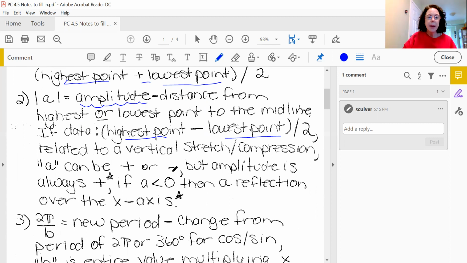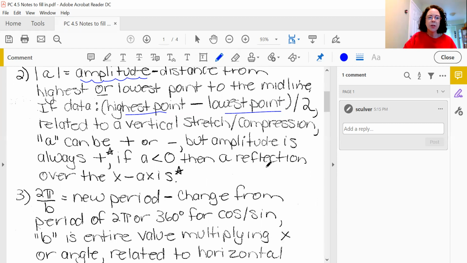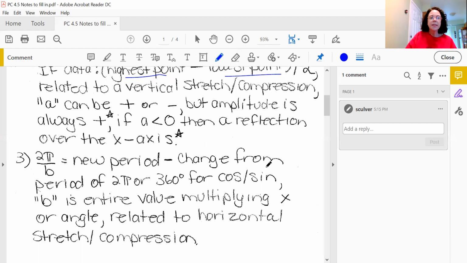A itself can be positive or negative and helps with graphing, but the amplitude is always positive. So note, this is important because on our second graph that we're going to do together, if your A is less than 0, then a reflection over the x-axis occurs, right? We knew that. If you multiply by a -1, you'll see a reflection.